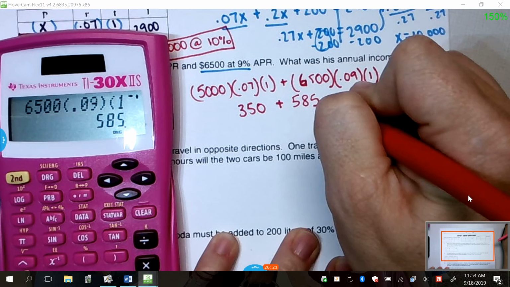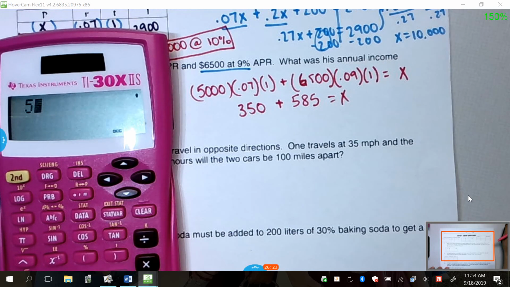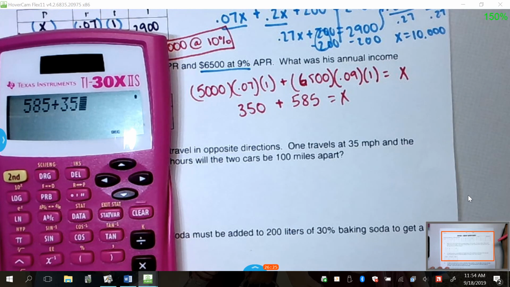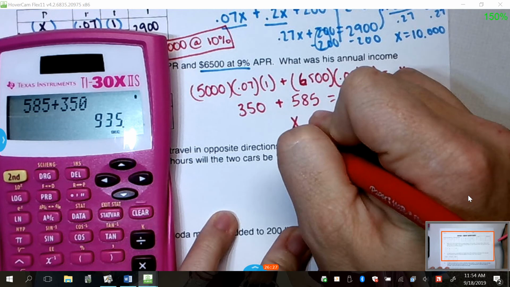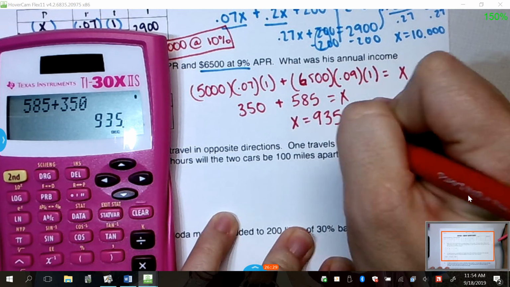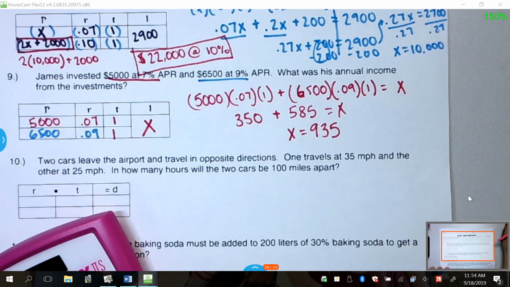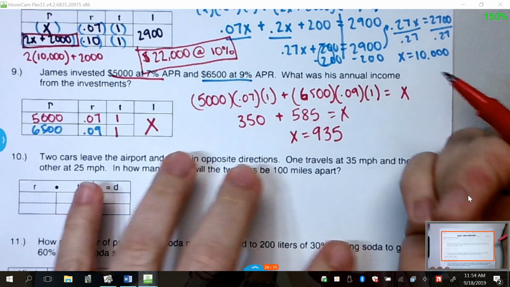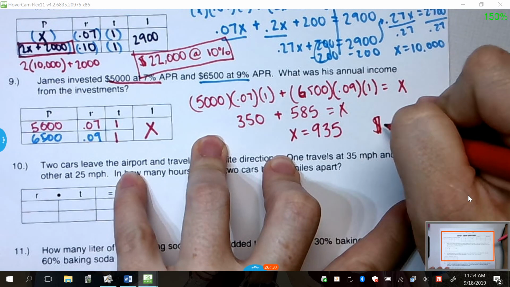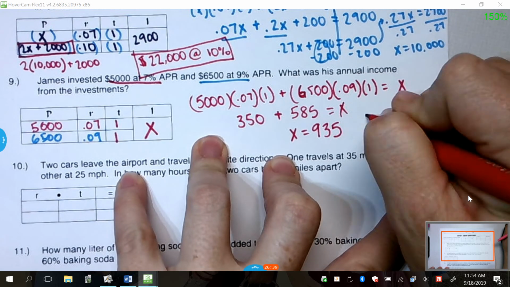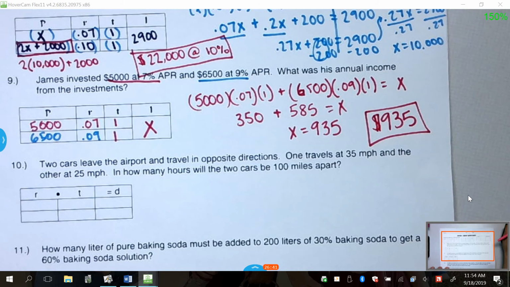Equals X. So 585 plus 350 is 935. It's asking for our total, which is just X, so $935 would be their annual income.